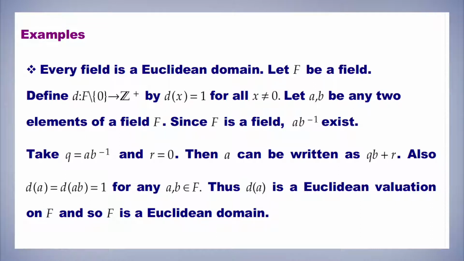Then a can be written as qb + r. Also, d(a) = d(ab) = 1 for any a, b in F. Thus d is a Euclidean valuation on F and so F is a Euclidean domain.